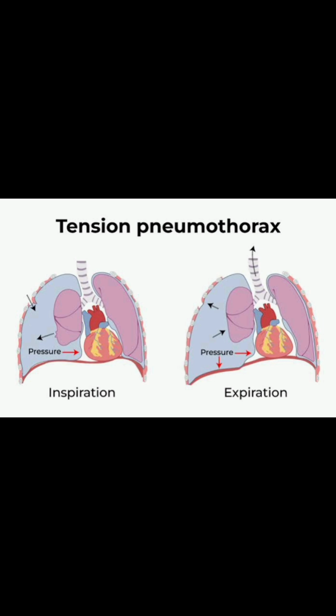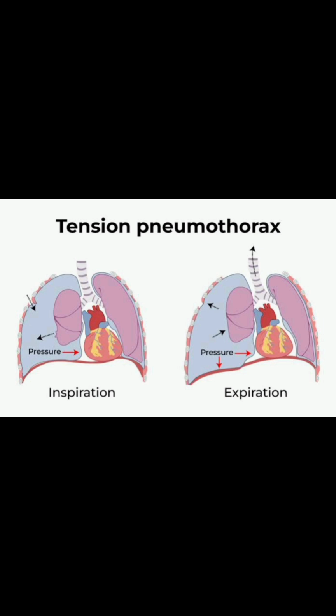Tension pneumothorax. Tension pneumothorax is a pneumothorax with rapid accumulation of air in the pleural space causing severely high intrapleural pressure with resultant tension on the heart and great vessels. It may result from either an open or closed pneumothorax.